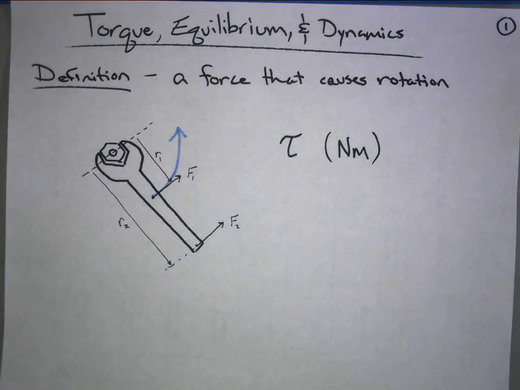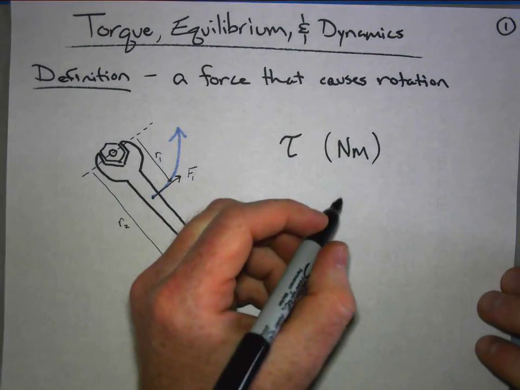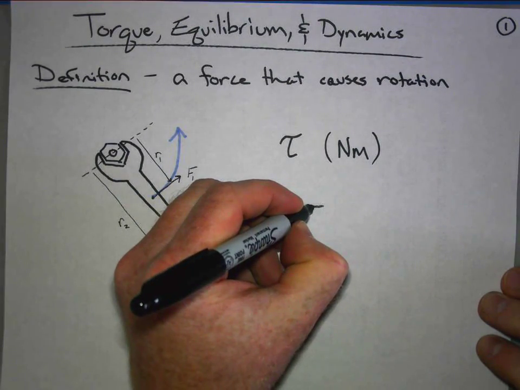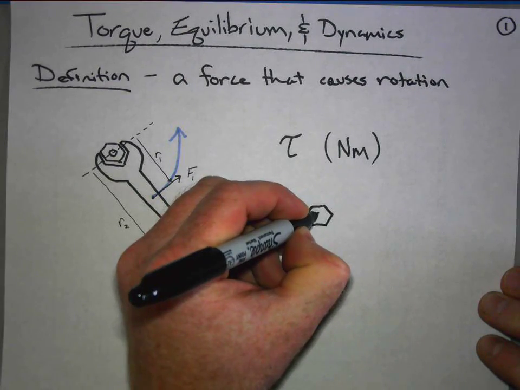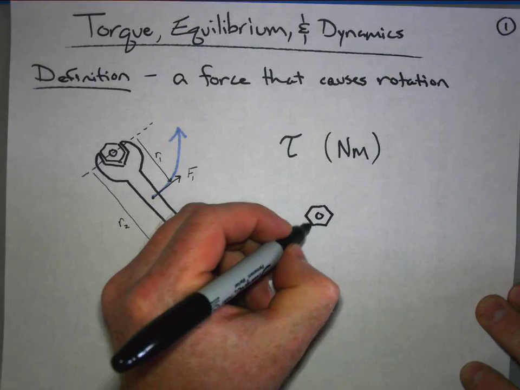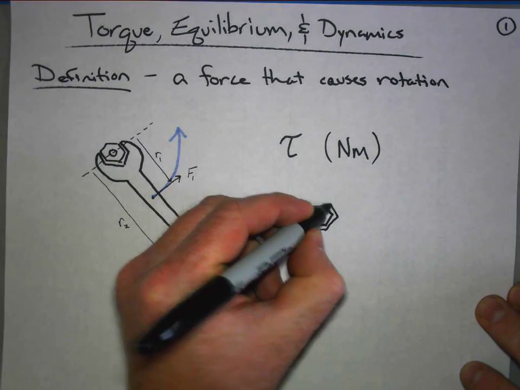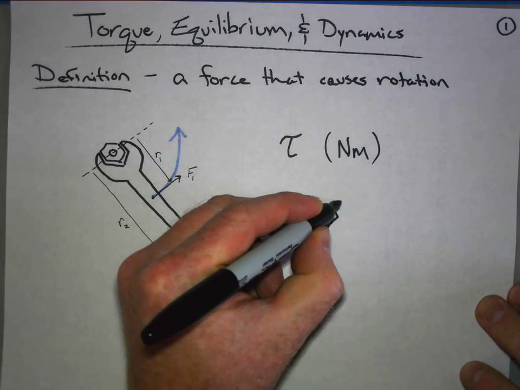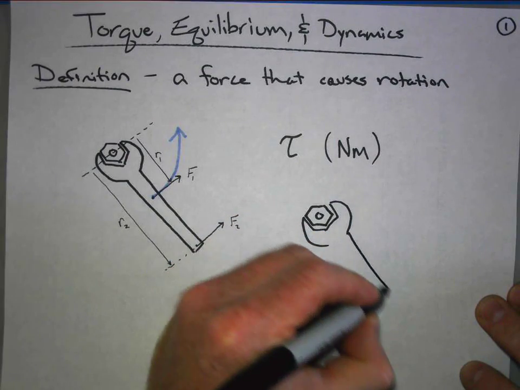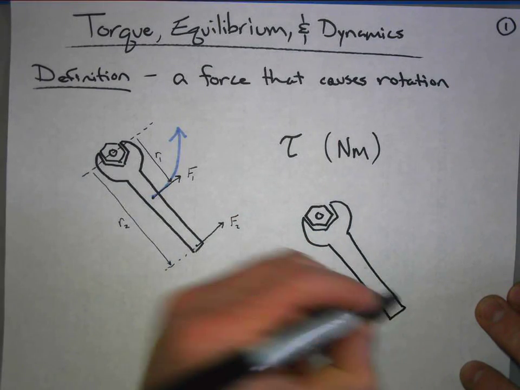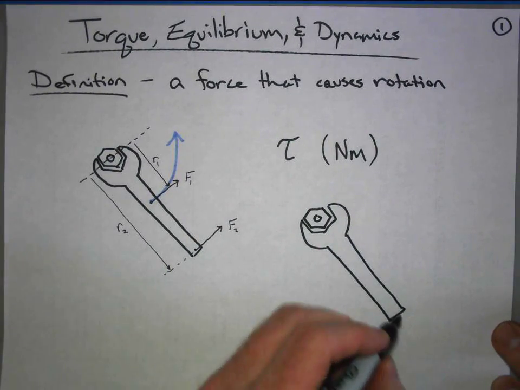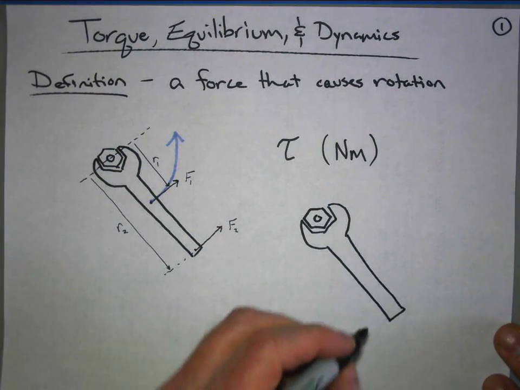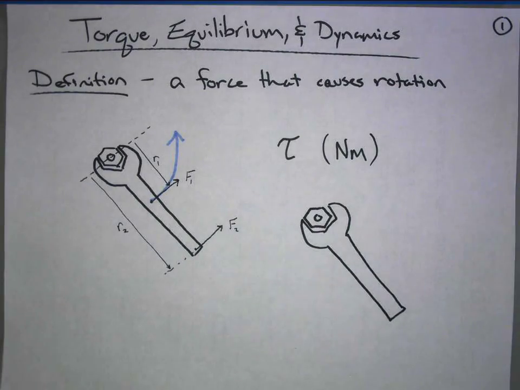So if I redraw this real quick for you: there's the nut, we've got the wrench, the business end. So if we apply a force at the end, or wherever we apply our force, right?